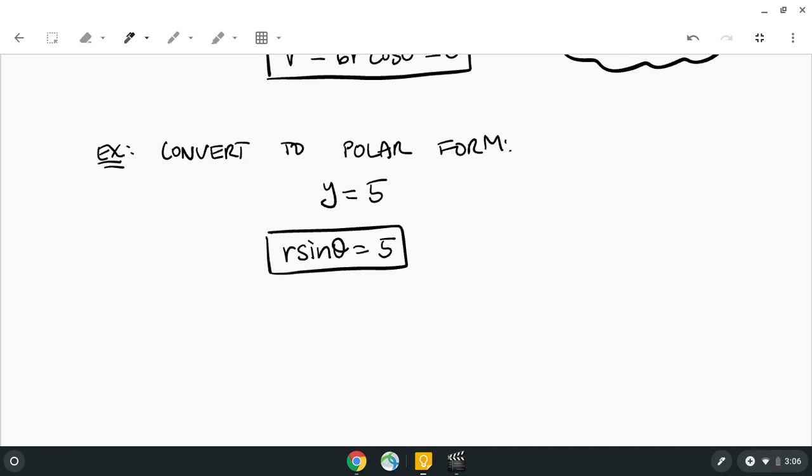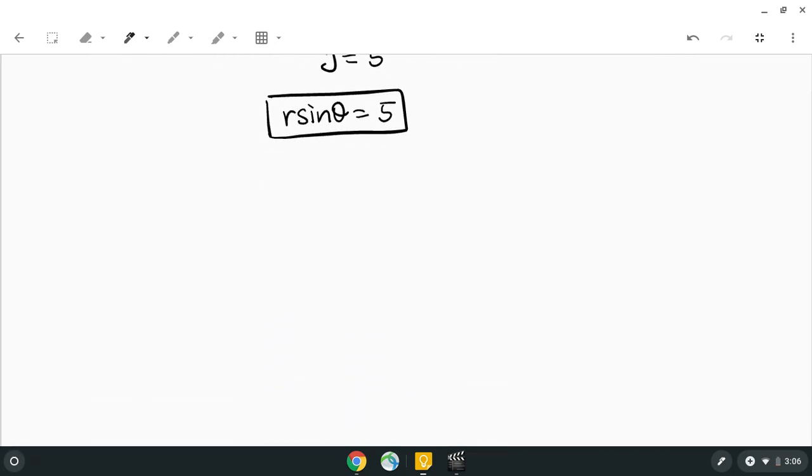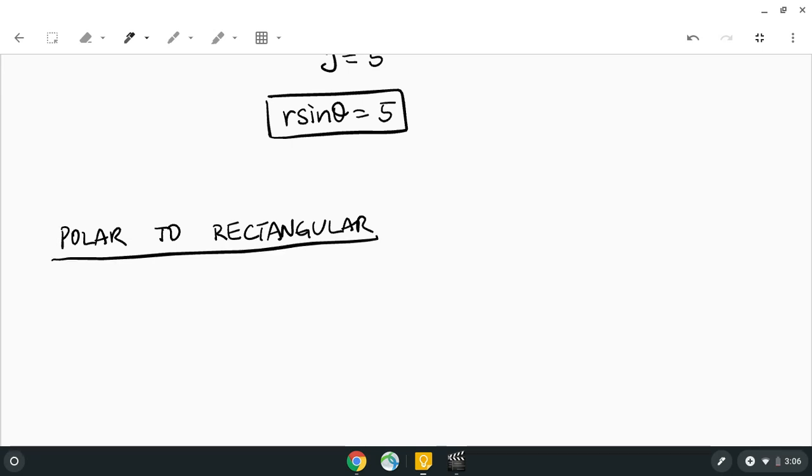All right, let's go the other direction. Let's take a look at converting polar to rectangular. We're still going to be using those equations that we wrote up above.